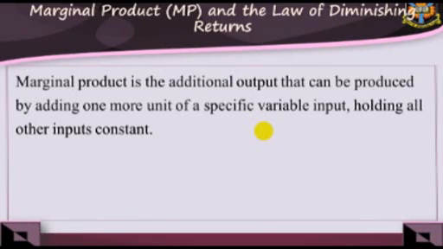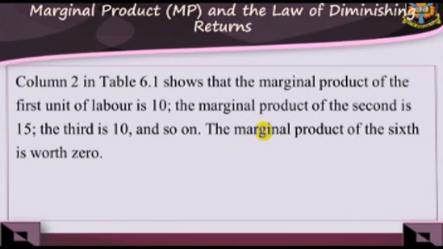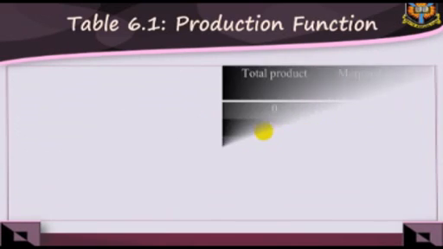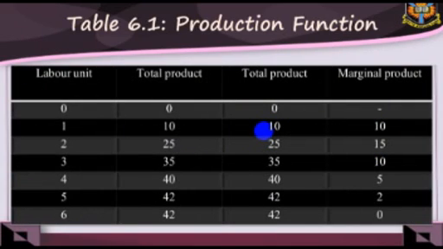Marginal product and the law of diminishing return. The marginal product is the additional output that can be produced by adding one more unit of a specific variable input, holding all other inputs constant. Column 2 in table 6.1 shows that the marginal product of the first unit of labor is 10.